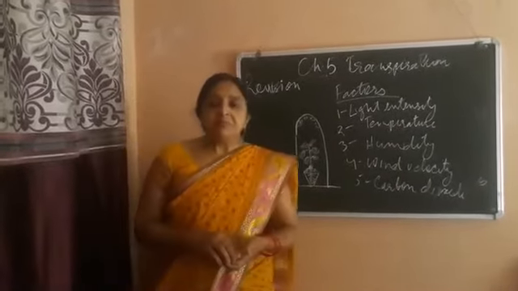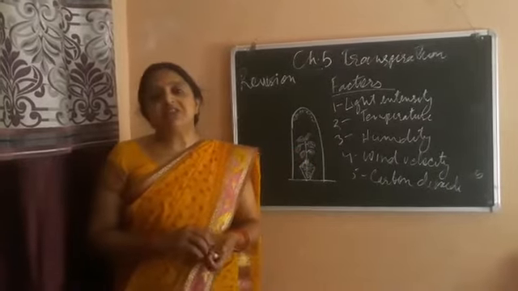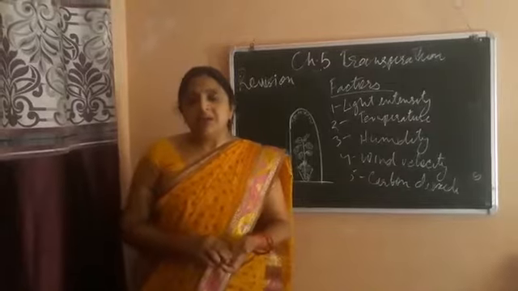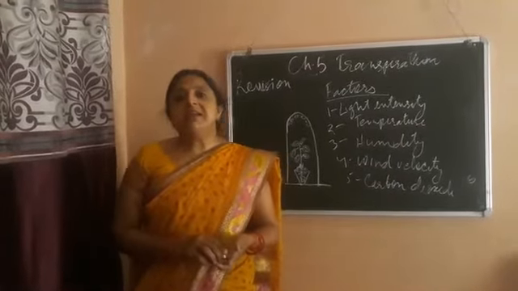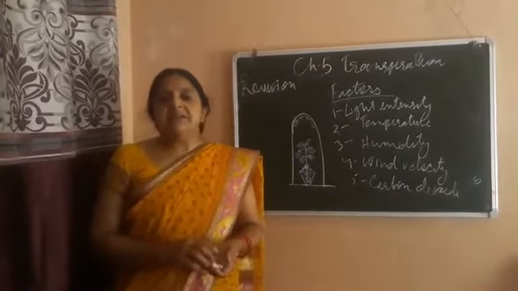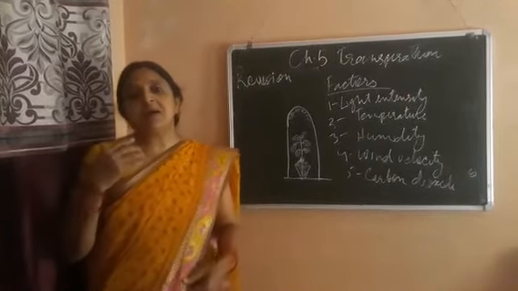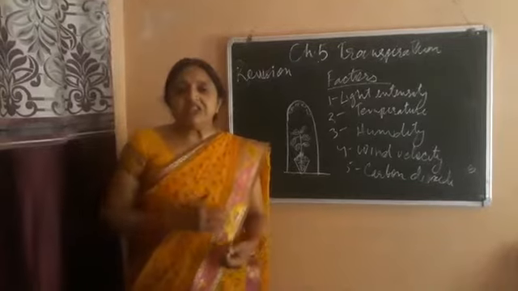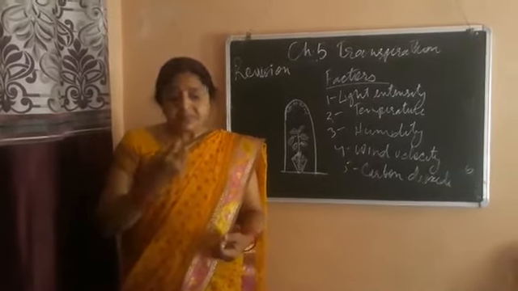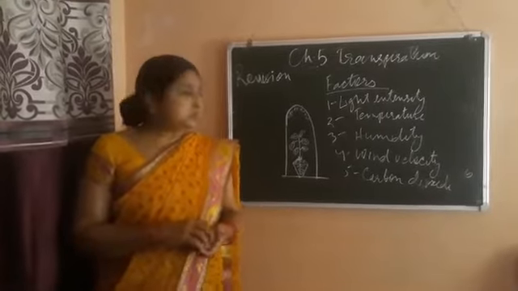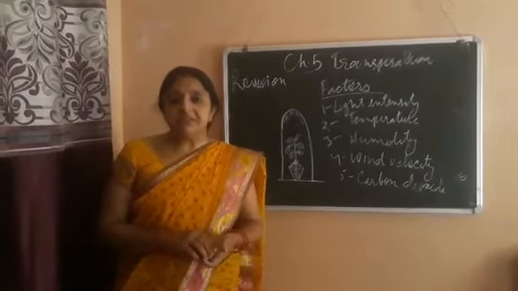And bleeding occurs in the old stem of the plant, old bark of the plant, and it occurs through the lenticels. And when the stem of the old bark tree is injured, the sap comes out, and this process is called bleeding.